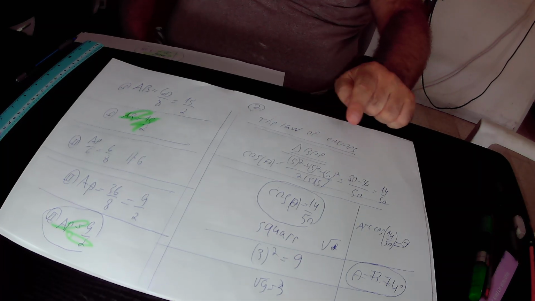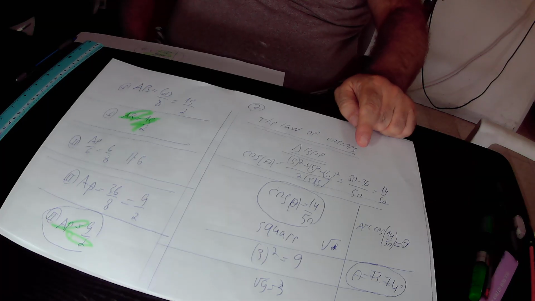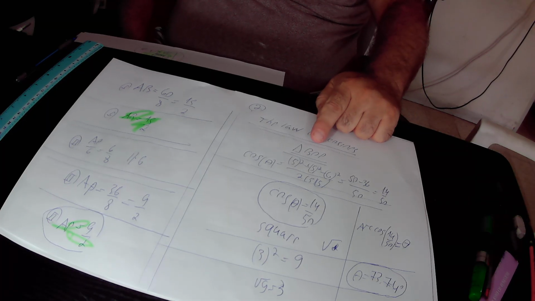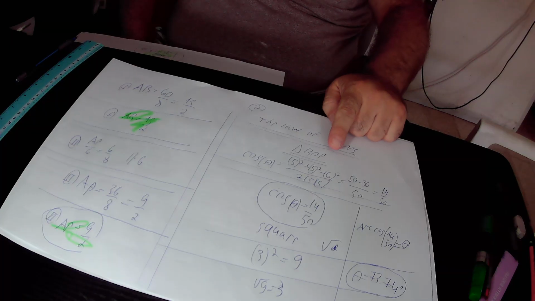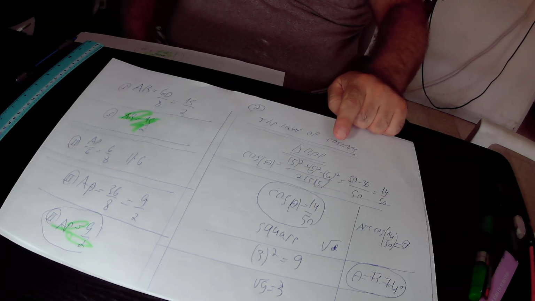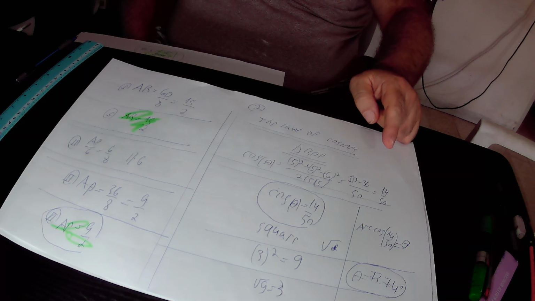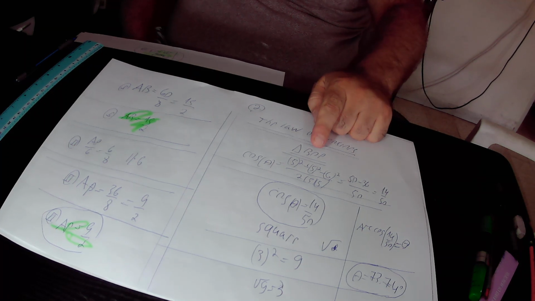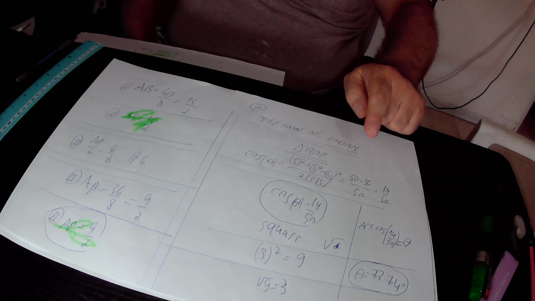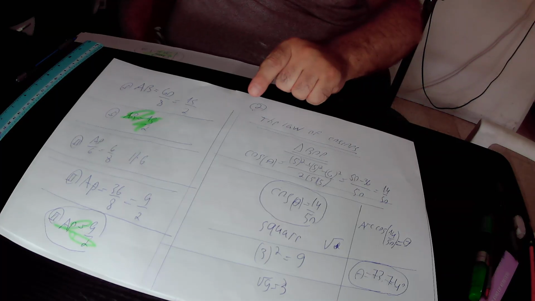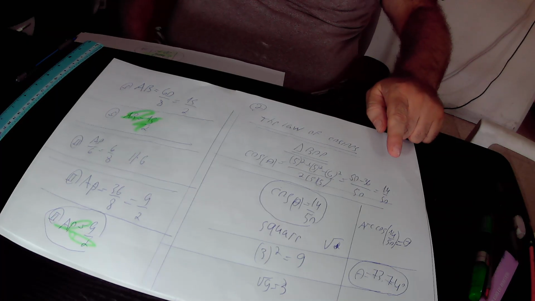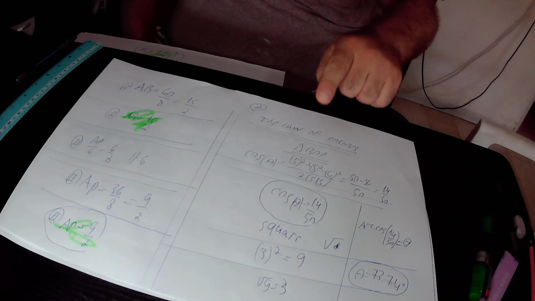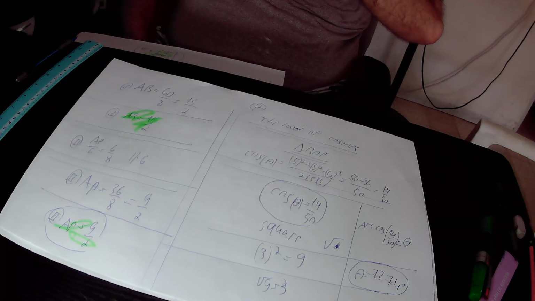So 5 square is 25, plus 5 square that is 25. 25 plus 25 is 50, minus 6 square. 6 square is 36, so in total the numerator is 50 minus 36, that is 14. In the denominator we have 2 times 5 times 5, that is 50. So we found that cosine theta equals 14 over 50.